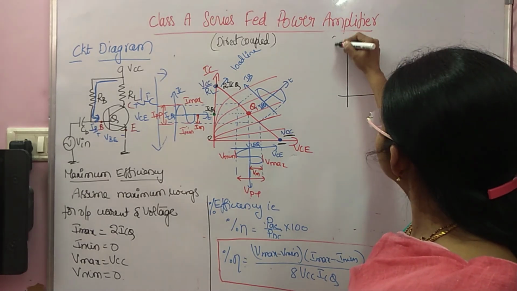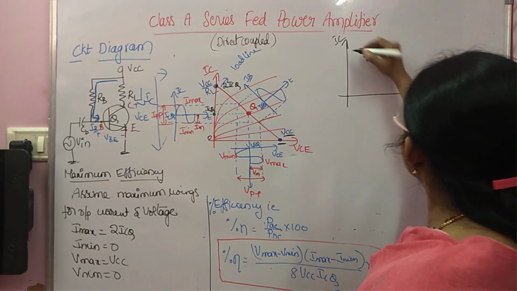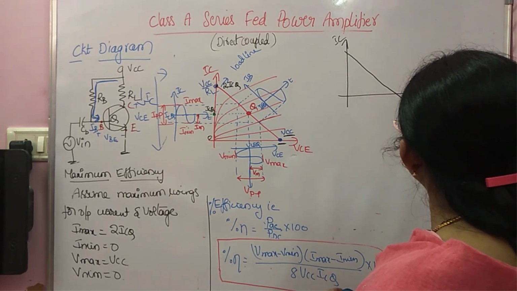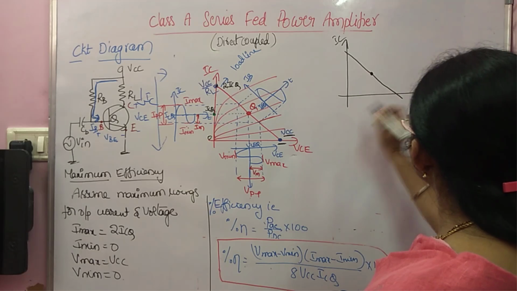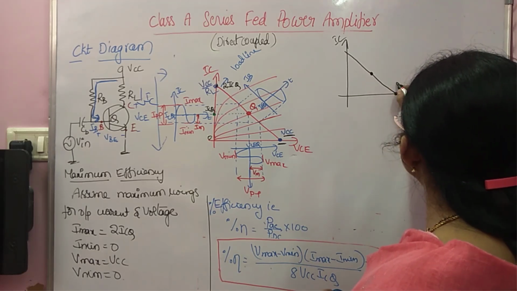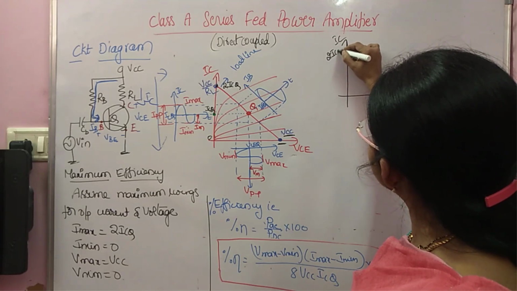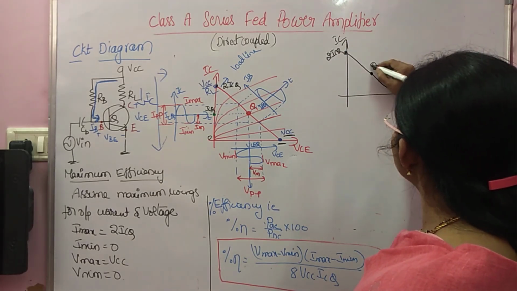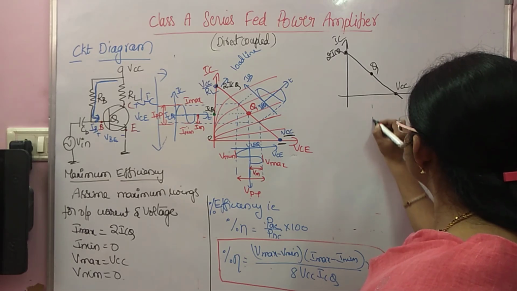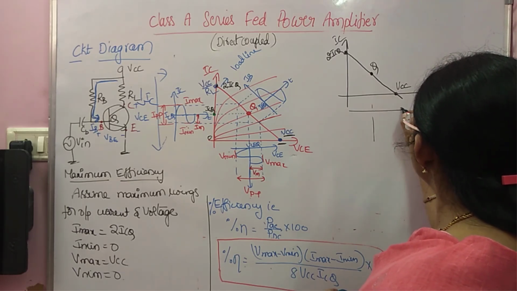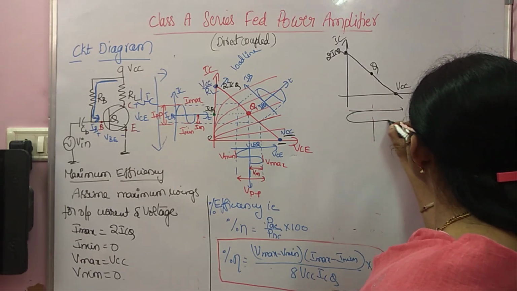VCE and IC. This is the load line. This point is VCC, and this point is 2ICQ. This is your Q point. So now your output VCE may be like this.